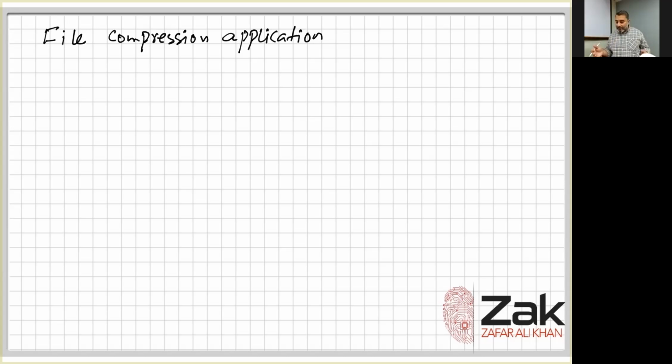Now over here we are going to discuss lossy formats. The first one is MP3 or MP4. All right, so MP3 is for sound and MP4 is actually for videos as well.